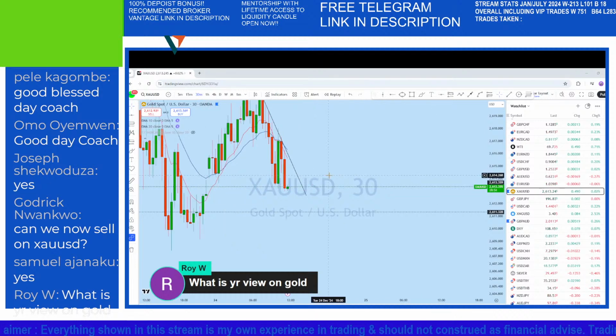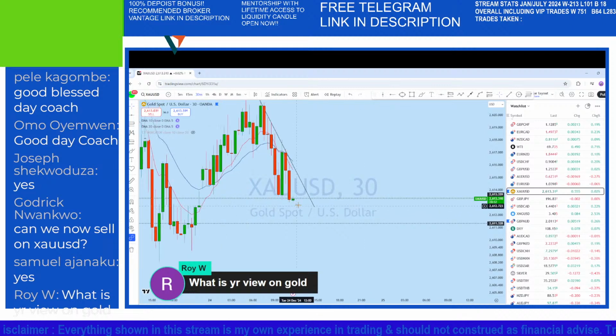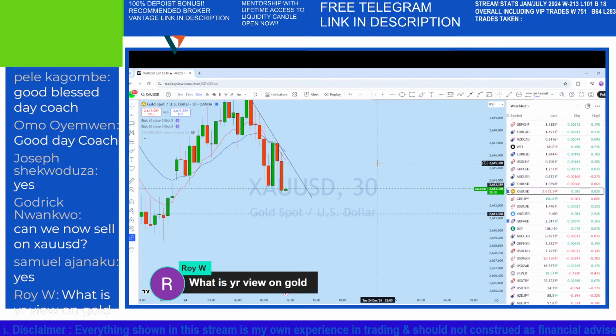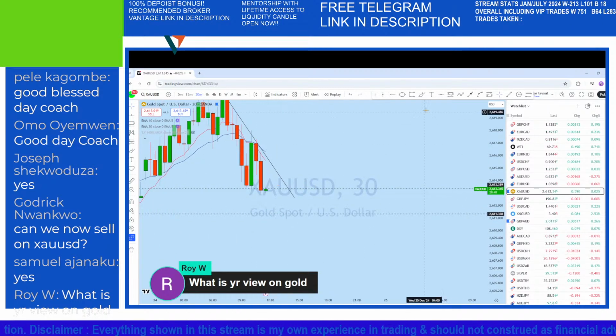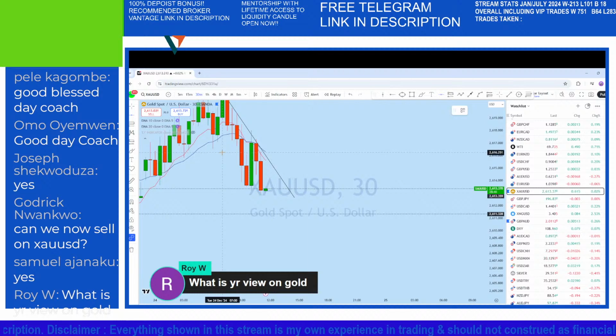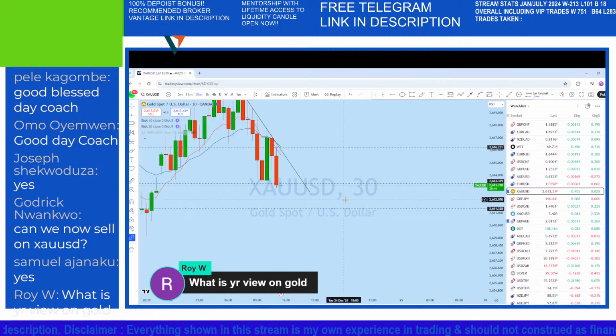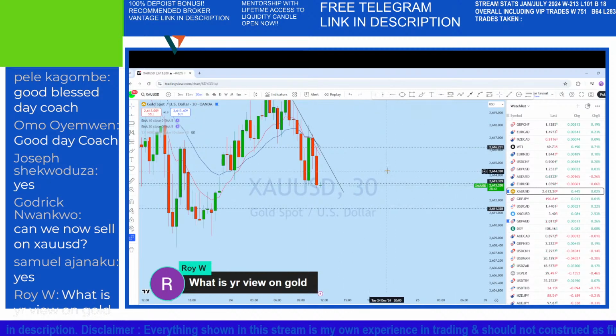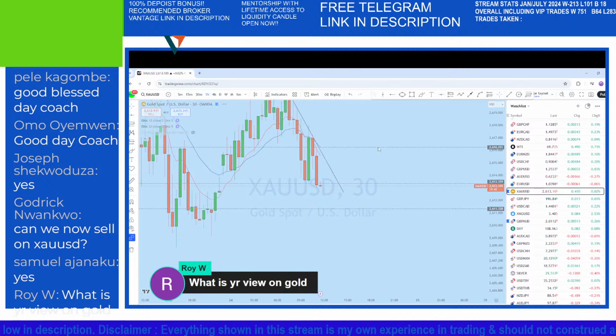So now let's see here. This is the 30 minutes price action on XAUSD. This is a 30 minutes candle starting from here, forming that bearish candle to this support level, and look at the 1 hour.